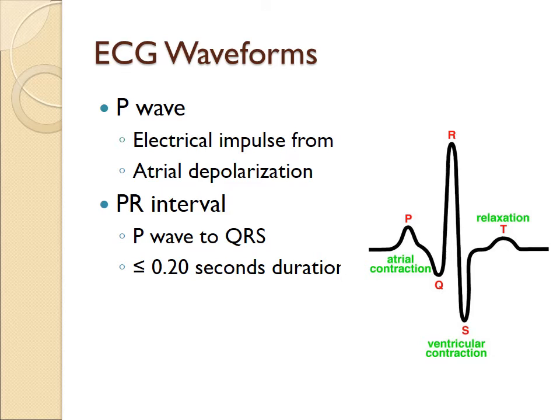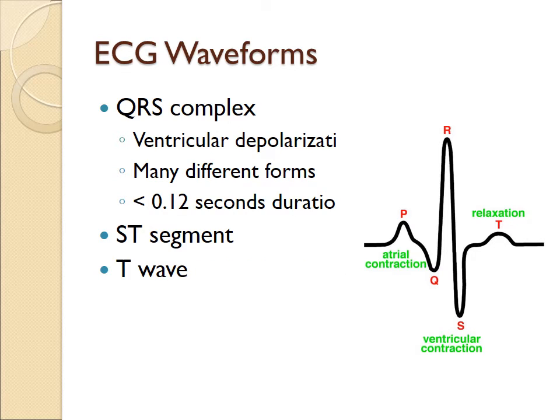The normal duration of a QRS is 0.12 seconds. Now 0.12 seconds would be 3 small squares. And here we have the QRS, the ventricular depolarization, in many different forms, and that 0.12 I want you to memorize.